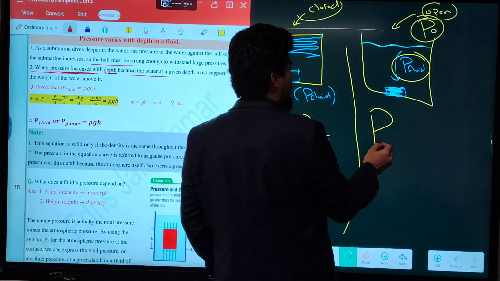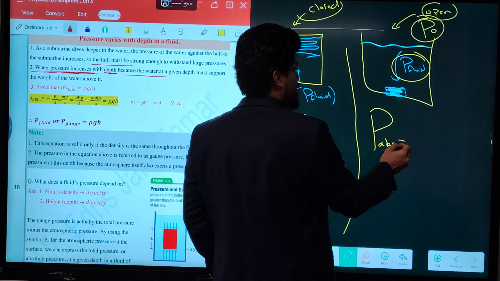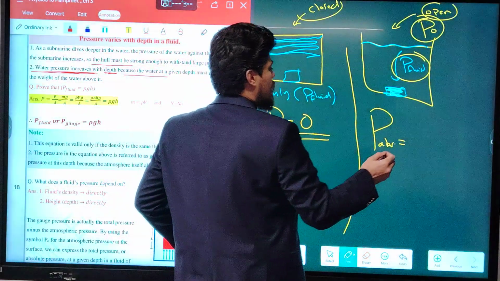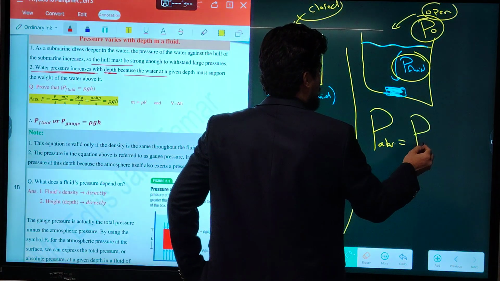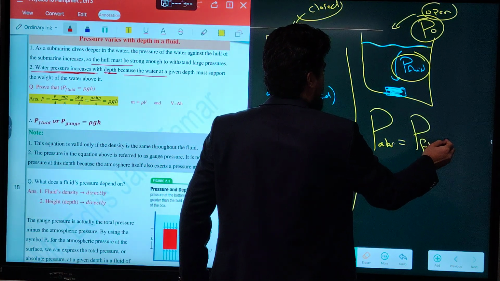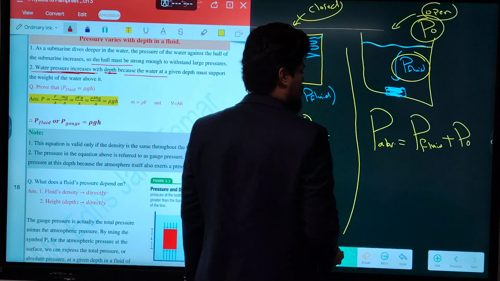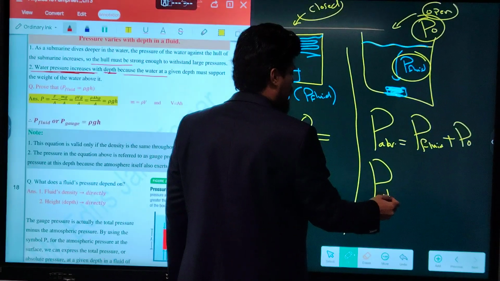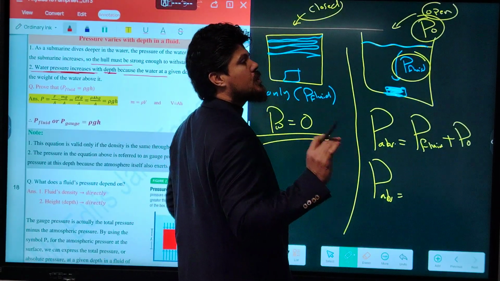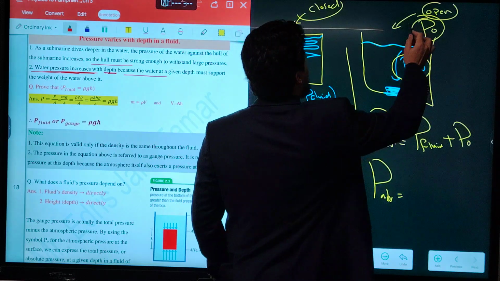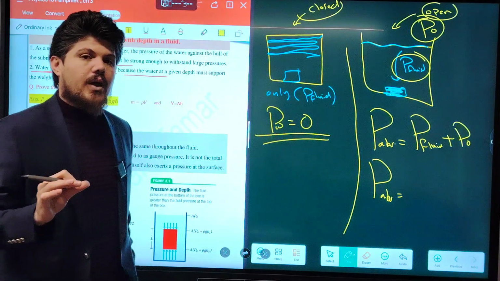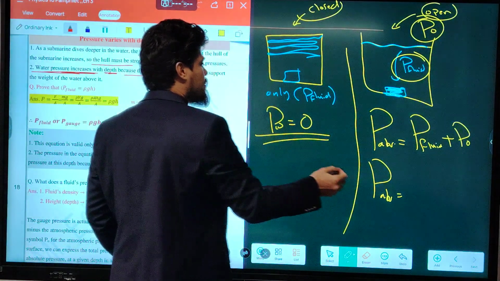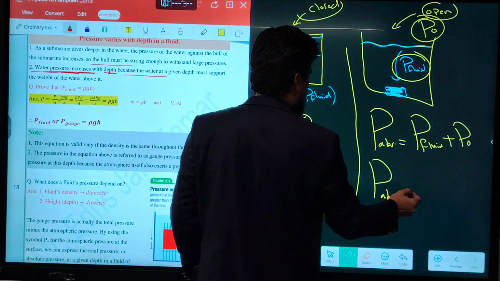So to find the absolute pressure, which means the net pressure, we have to use this equation: fluid pressure plus atmospheric pressure. P absolute. What is P absolute? The total pressure at the bottom of the container when the container is open. Absolute pressure is equal to what? P fluid is equal to what?